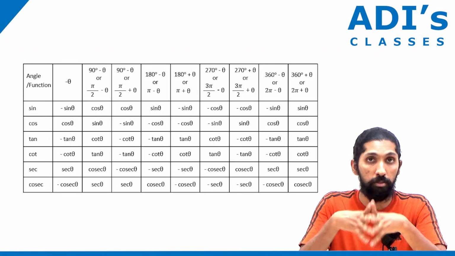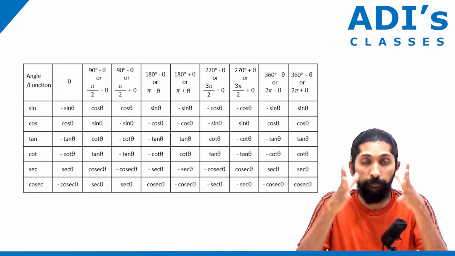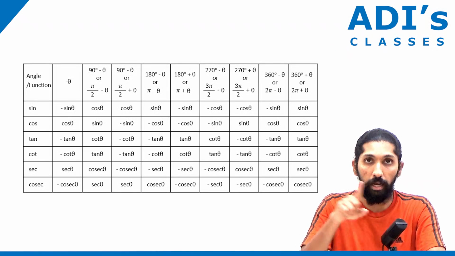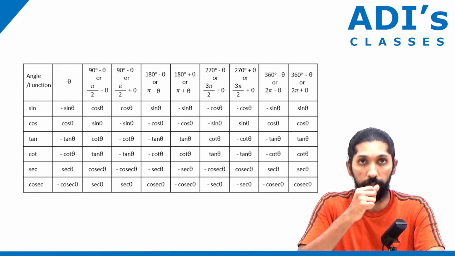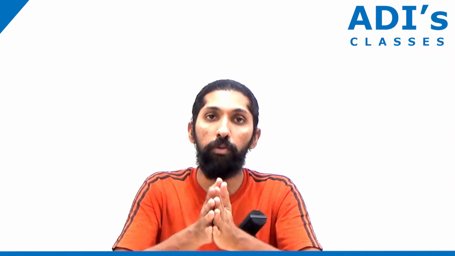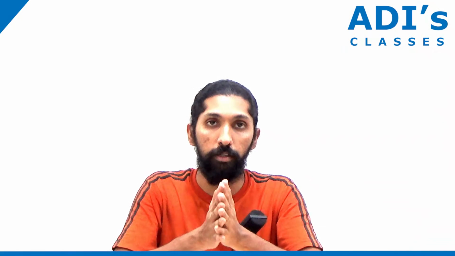Values can go in thousands also. That's why, remember, allied angles are a very, very important part. So two things: sign convention and the trigonometric function. All right. So this is about allied angles. In the next upcoming videos, you will do some problems based on the concepts you have learned so far.